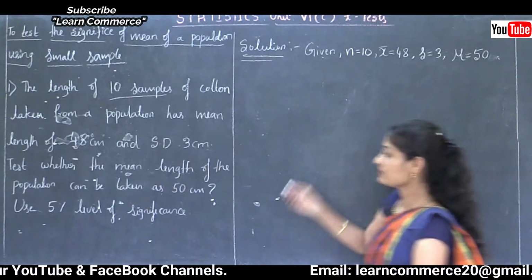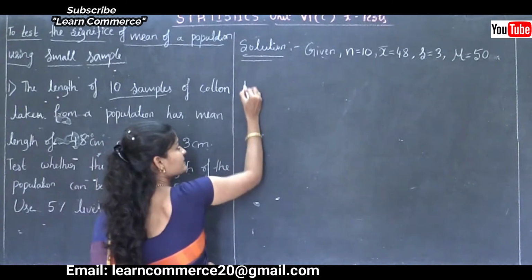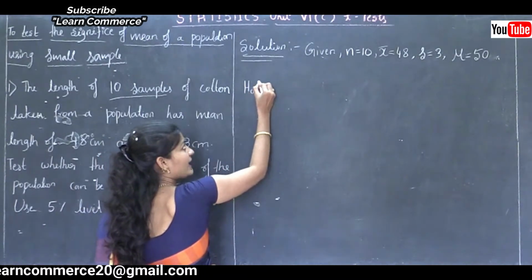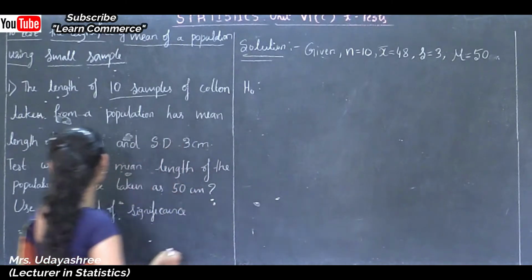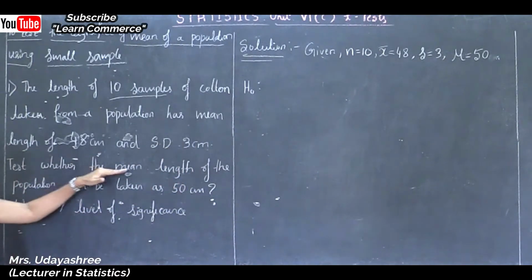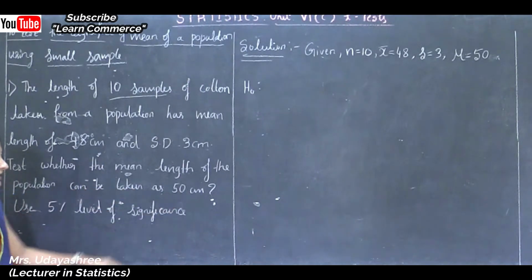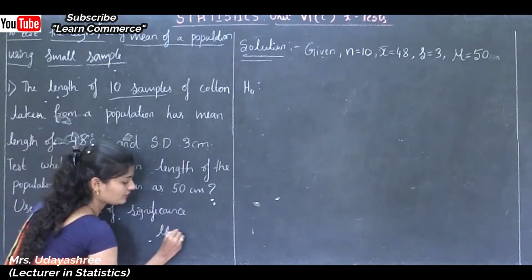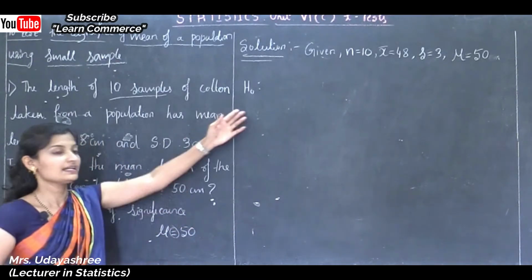Okay, next let's see the test procedure. Step 1 is setting up of the null hypothesis, and the null hypothesis is denoted by H naught. In this question, test whether the mean length of the population can be taken as 50 centimeter, in the sense mu is equal to 50 centimeter. If it is an equal-to type, then it is the null hypothesis.